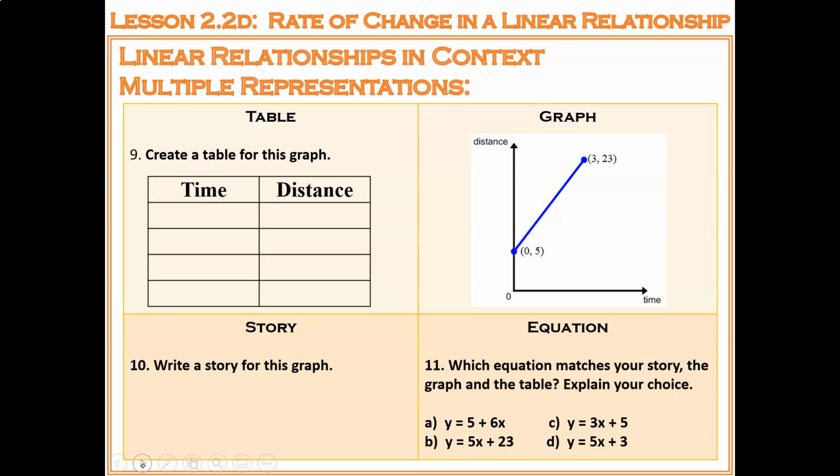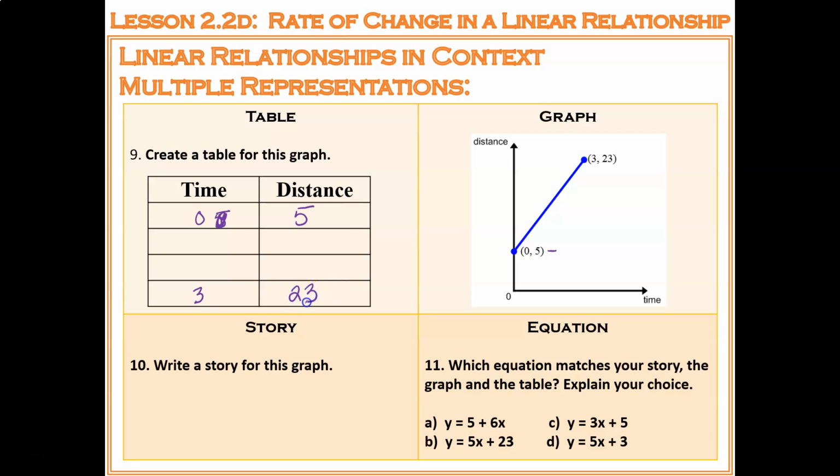All right, create a table for this. So we have time and distance. So we start right here, 0, 5. Let's, oops, the 5 goes here, sorry. Let's find our rate. So I'm going to take 3, after 3 minutes or seconds, it really doesn't say.